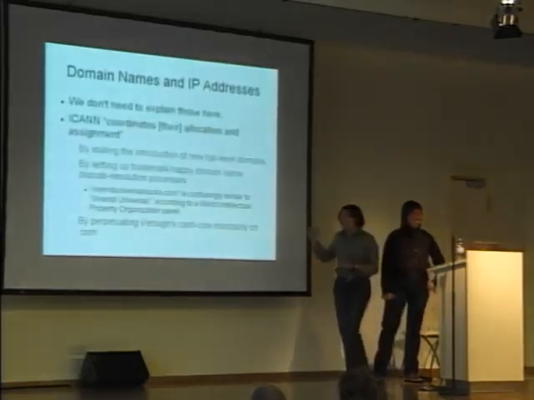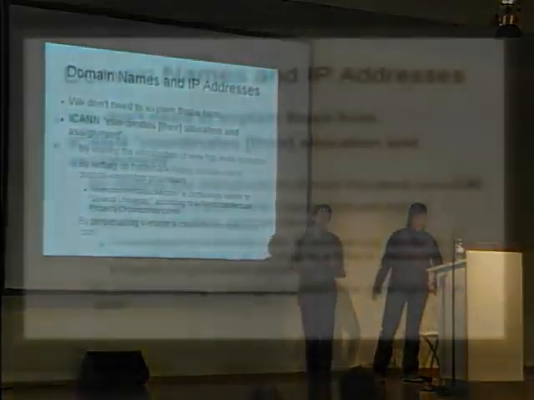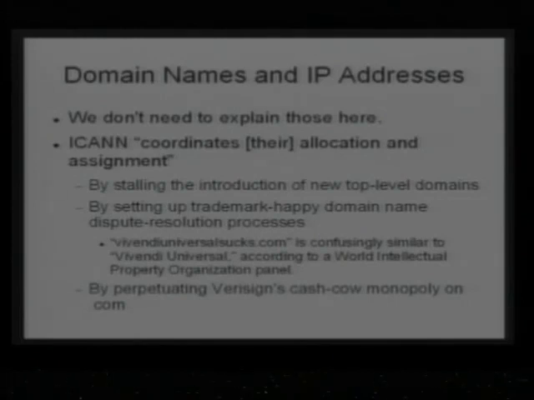More practically, Icann is involved with the oversight of domain names and IP address assignments at the highest level, deciding whether to allow the introduction of new top-level domains. We don't need to explain domain names and IP addresses in this crowd, I think.